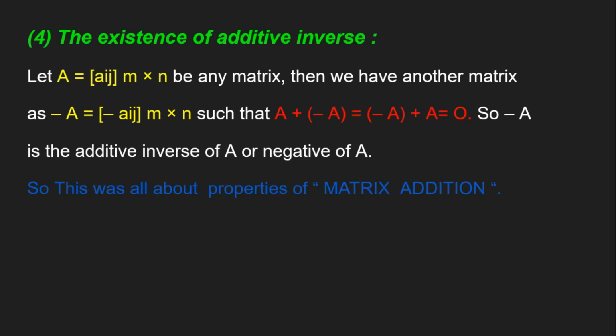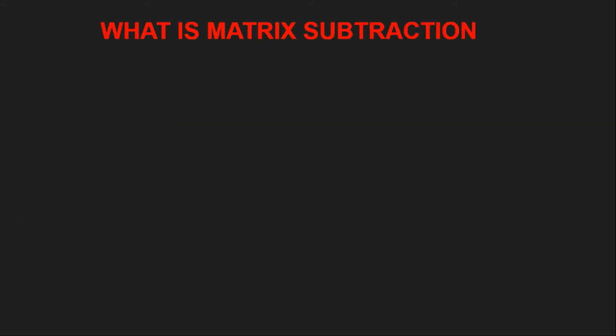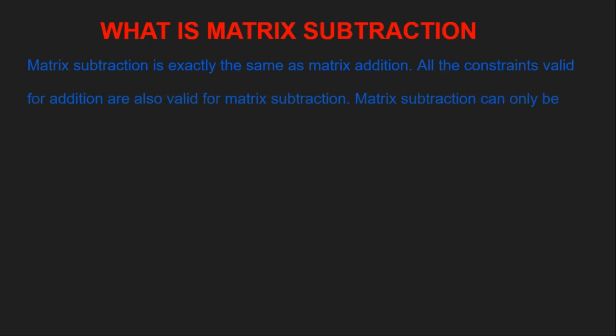Now we have covered the properties. Now we have to move on to matrix subtraction, guys. So what is matrix subtraction? Basically, matrix subtraction is exactly the same as matrix addition, nothing different, very simple. All the properties valid for addition are also valid for subtraction.